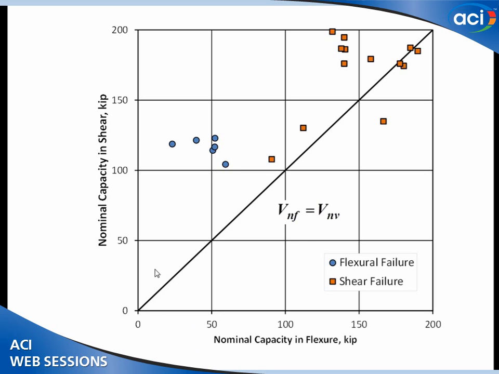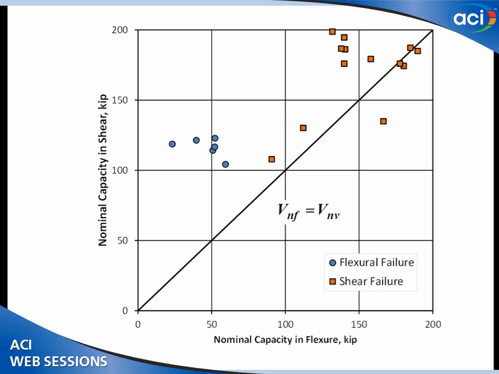And any wall that would fall on this line we would anticipate has shear and moment strengths equal, and either failure could happen. What's actually observed is interesting. If the wall is made much stronger in shear than the flexural demand, then it actually fails as a blue circle in flexure. But any other wall that's not made quite so strong in shear yields in flexure first, and then it fails in shear.